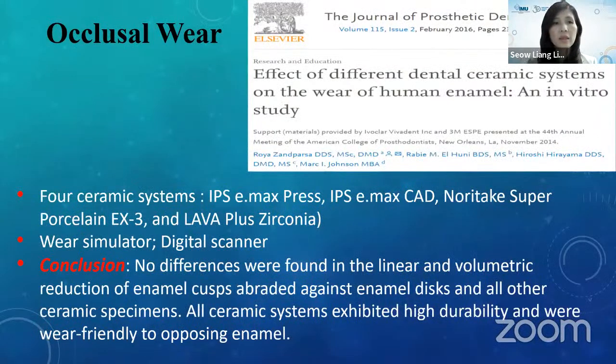What is the fact about opposing ceramic material on wear to the human enamel? So we look at an in vitro study, and slowly, I will bring you through in vivo and also in vitro study and what are the findings.